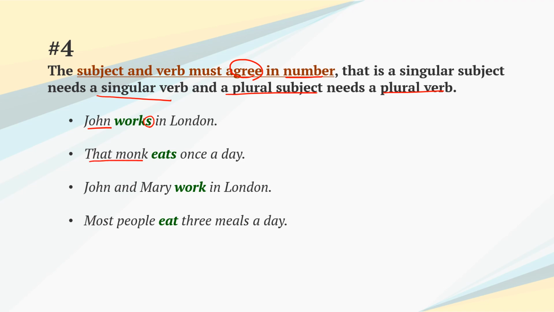So that monk is the subject, and this is the verb, singular s. John and Mary work in London. John and Mary, this is plural, so you don't need an s. Most people eat 3 meals a day. So most people is plural, so you don't need an s here. The subject and verb must agree in number.